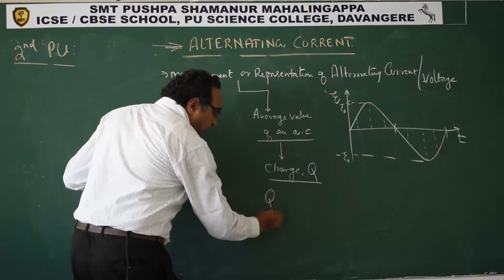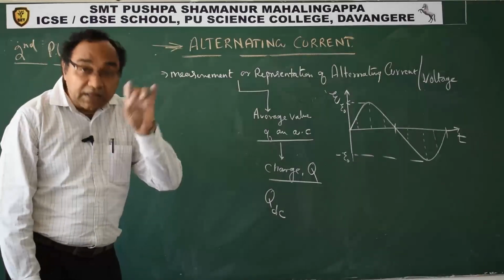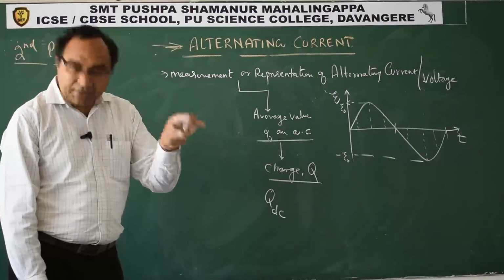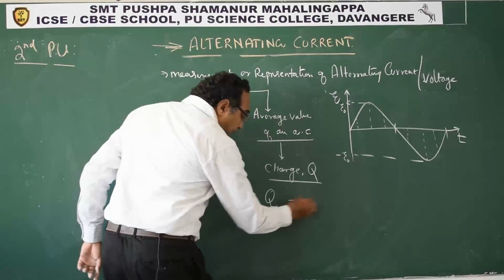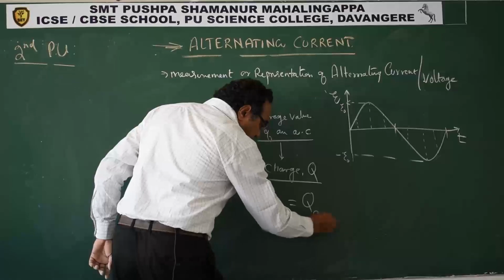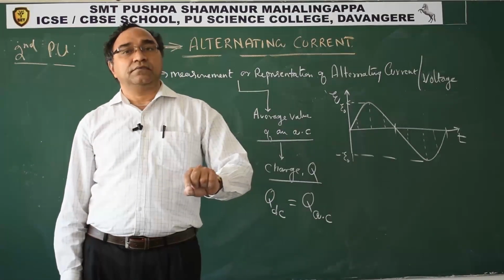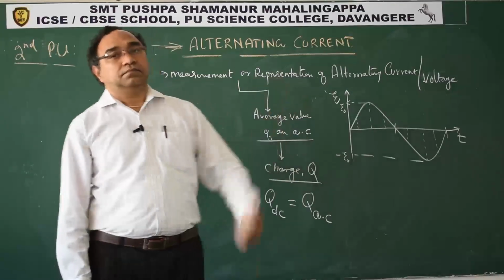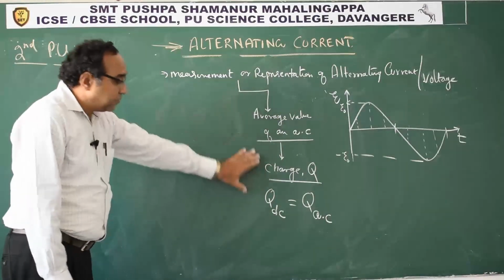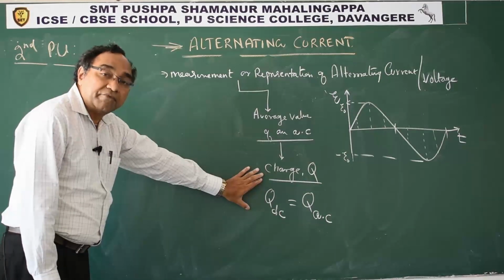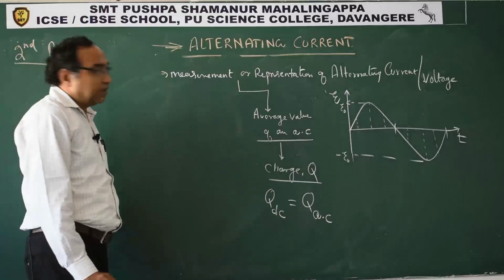Now, to find the average value, we are using charge as our criterion. The charge deposited by a given DC in a capacitor of given capacity, in a given time, is compared with the charge deposited by an AC in the same capacitor in the same time. That is the mathematical treatment of the average value of AC. So how do you define the average value of AC?